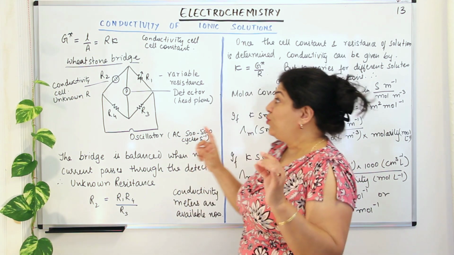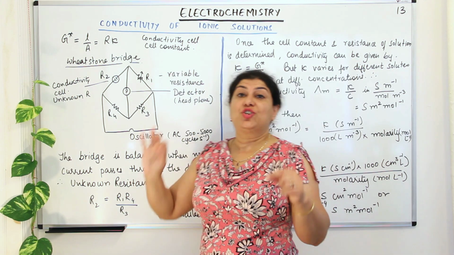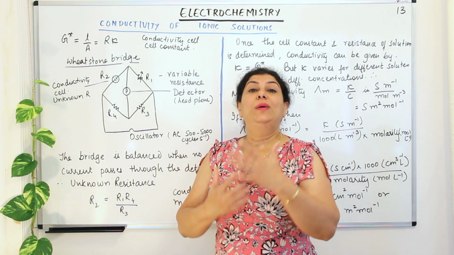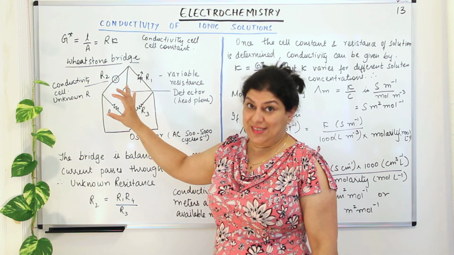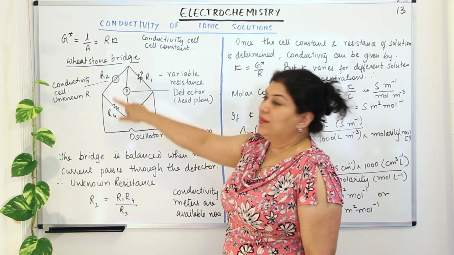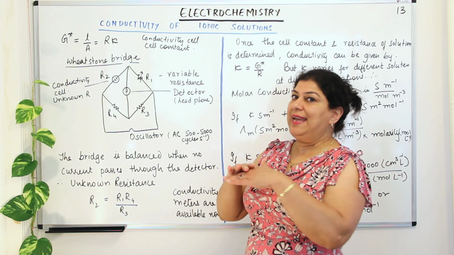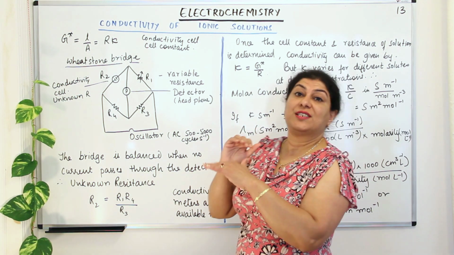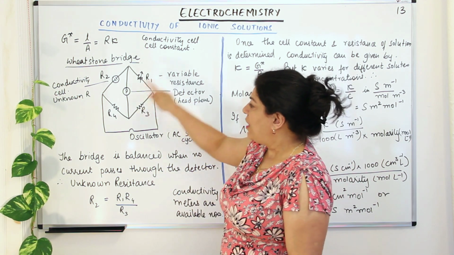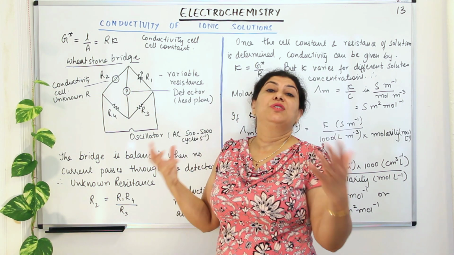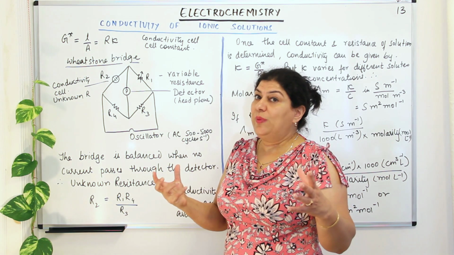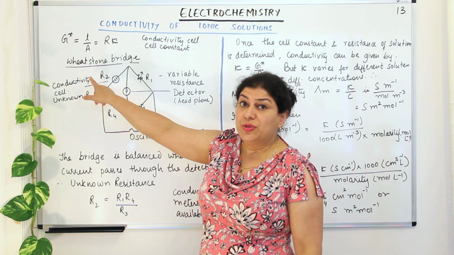It means that no electric current is detected in the entire Wheatstone bridge. So we say at that time the Wheatstone bridge is balanced, and R1 into R4 upon R3 into R2 becomes equal to 0. From this equation, we can calculate the value of R2.